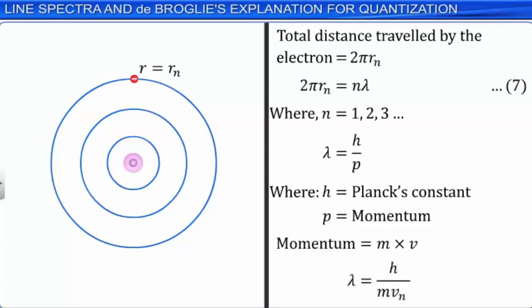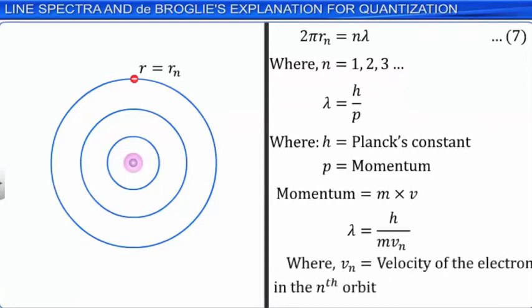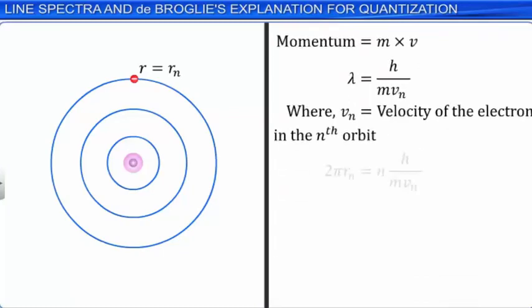Here, vn is the velocity of the electron in the nth orbit. Substituting the value of lambda in equation 7, we have 2 pi rn is equal to n h by m vn. Rearranging the equation, we get m vn rn is equal to n h by 2 pi. Let this be equation 8.